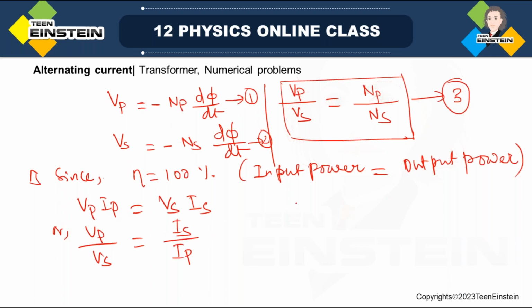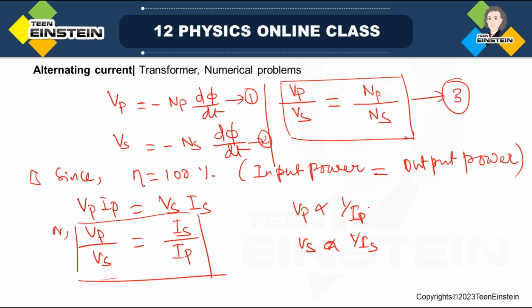See, the voltage is inversely proportional to the current. The voltages in the primary and secondary are inversely proportional to the current in the respective coils.